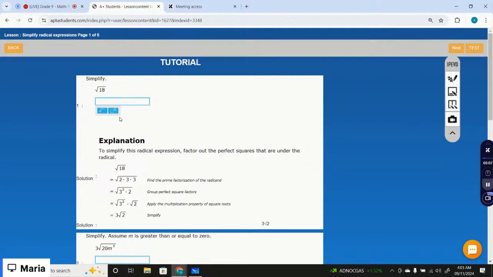Square root 18. To simplify the radical expression, factor out the perfect squares that are under the radical. So you can write 18 as 2 times 3 times 3, right? 2 times 3 is 6 and 6 times 3 is 18.